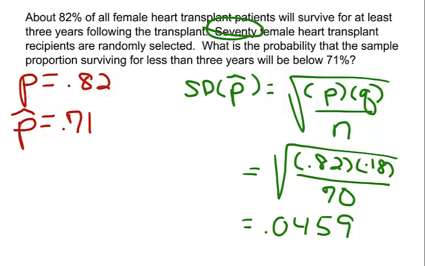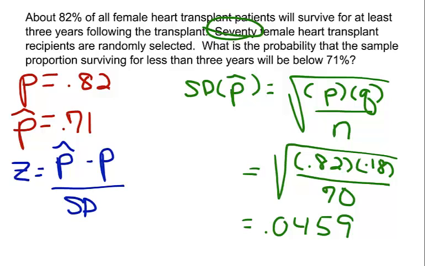Keeping in mind our goal that we want to find the probability or p-value of the sample proportion, we need to use the information we have to find the z-score associated with our p-hat value, 0.71. The formula for finding the z-score is z equals sample proportion p-hat minus population proportion p divided by our standard deviation for p-hat.